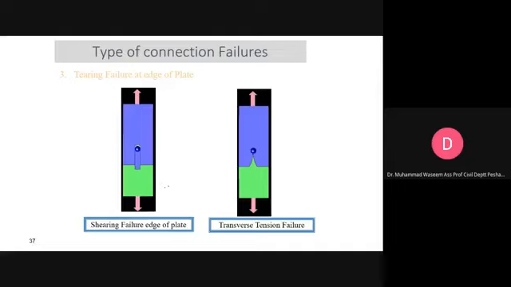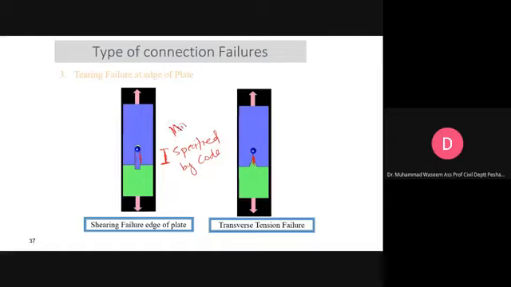We call this shearing failure of the edge of the plate. This can tear. You have tearing failure at the edge of the plate. So this distance should be specified, and this has already been specified by the code, the minimum distance.